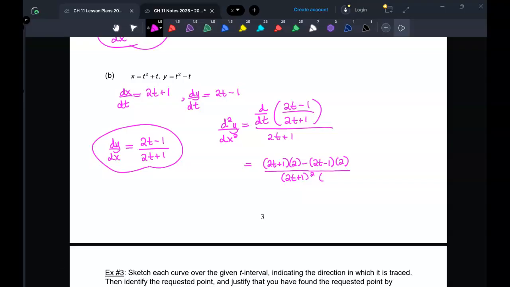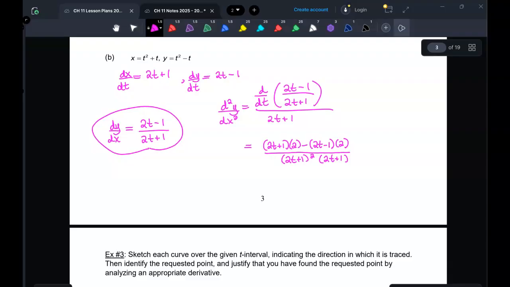And are you okay if I also divide by 2t plus 1 at the same time? So that will be 2t plus 1 cubed. And those 4 t's are going to cancel. We just end up with a 4.